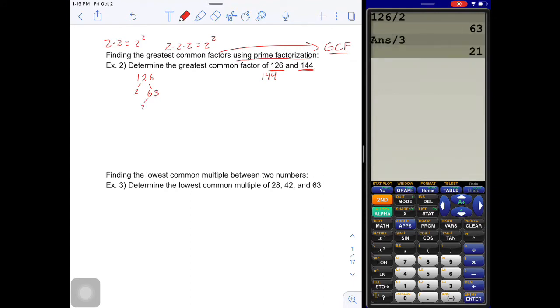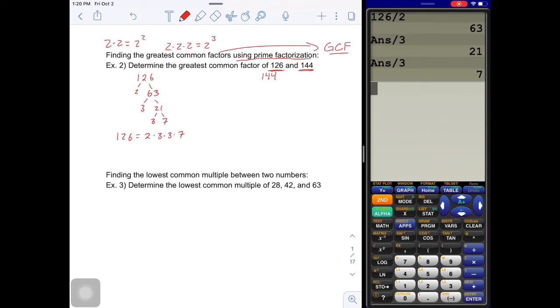Yep, so this is divisible by 3, and that's 21. I can divide 21 by 3, and that will give me 7. And now each number here is prime factorized, so I can leave it. So 126 equals 2 times 3 times 3 times 7.